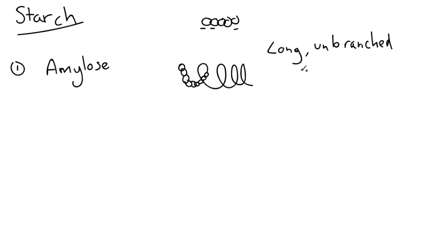Okay, it's made of alpha glucose, and it is very, very compact, which makes it a really good storage molecule because you can fit a lot of these alpha glucose molecules in a small amount of space because it's very compact.